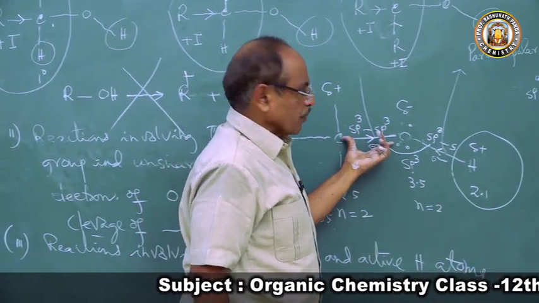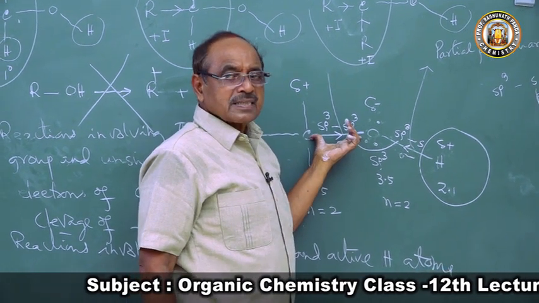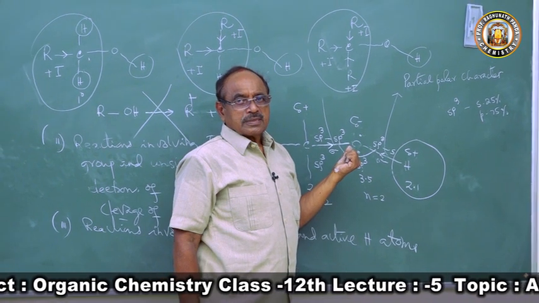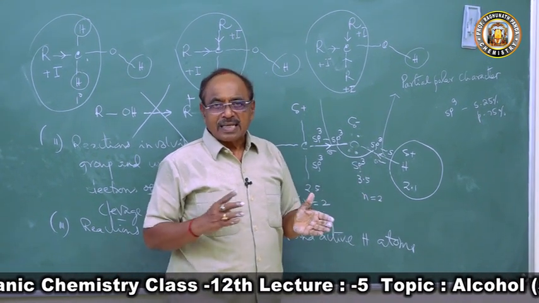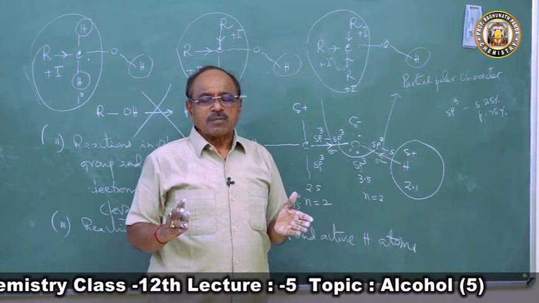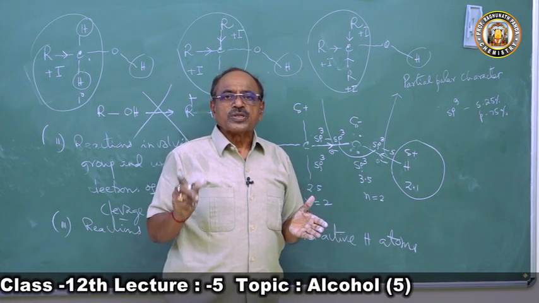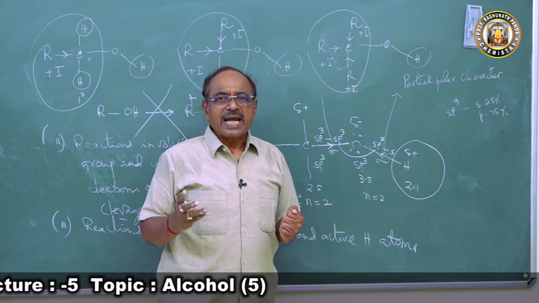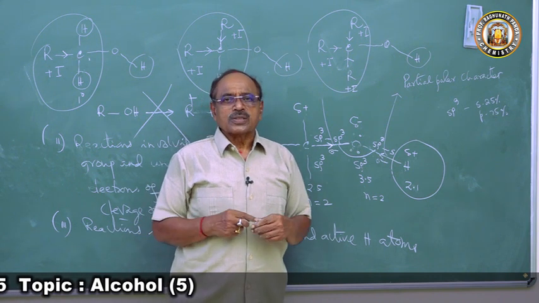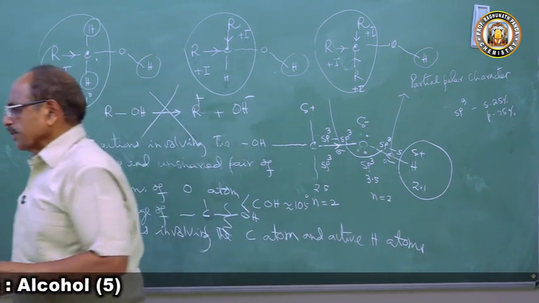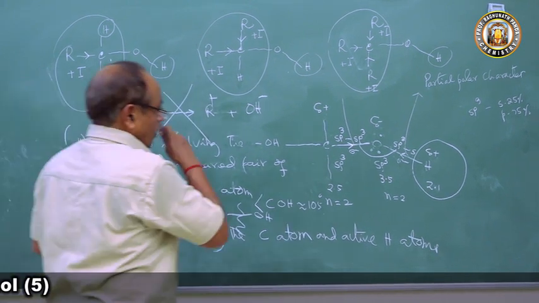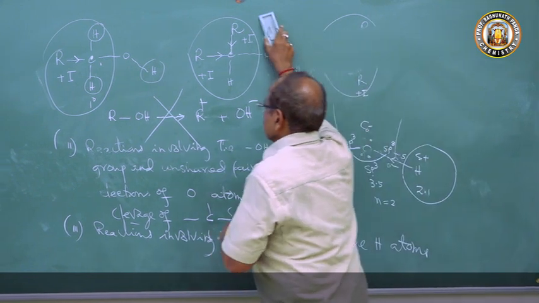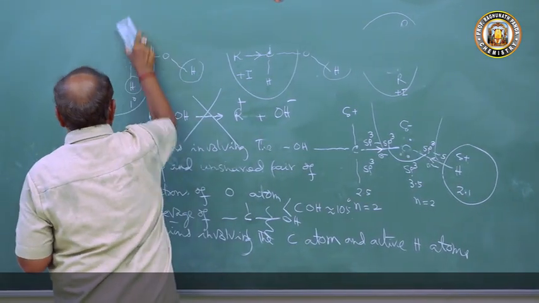But now we are going to discuss the reactions involving replacement of the OH group. We have to discuss elaborately how this is possible and what the order of reactivity for the alcohols will be.